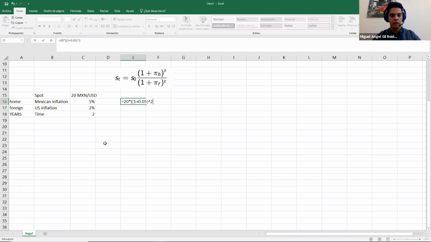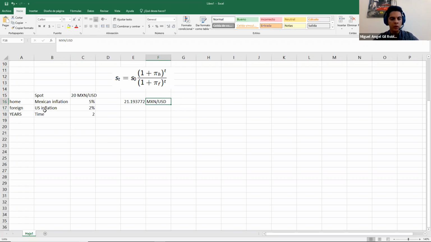And then all this squared, over 1 plus 0.02 because the US is foreign, also squared, and divide. And this should be the exchange rate that we will have in 2 years.